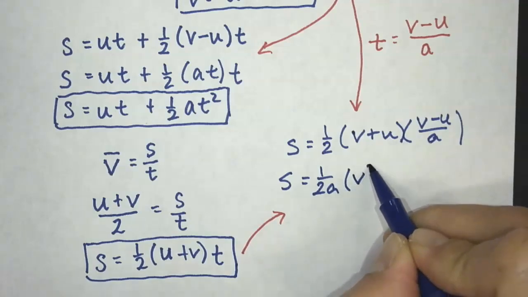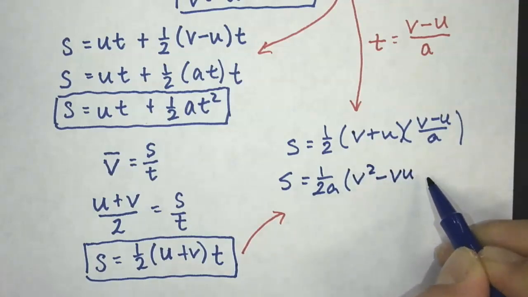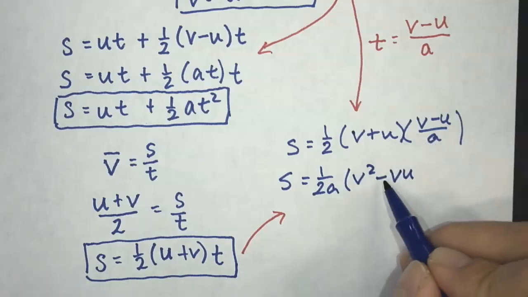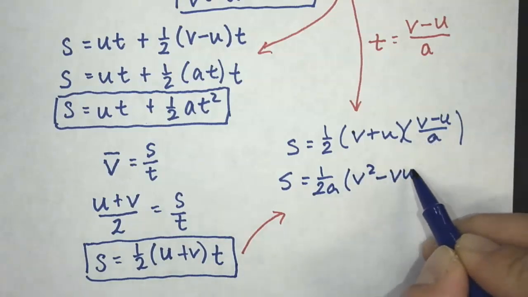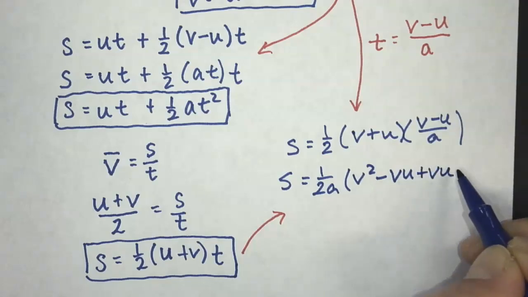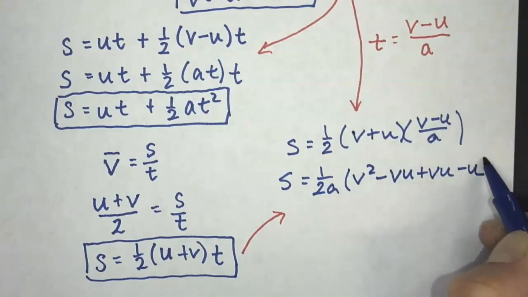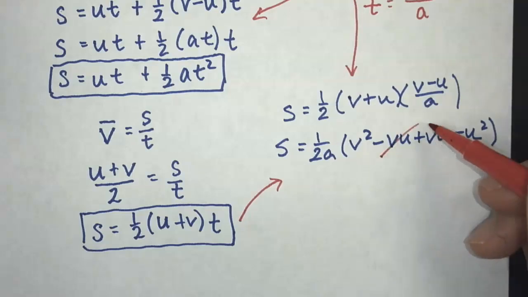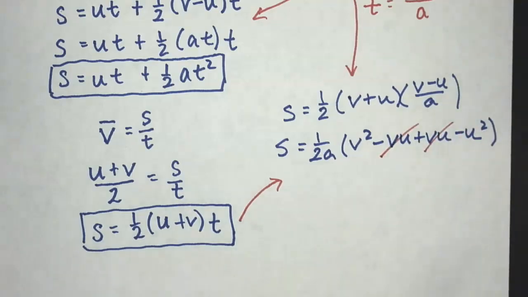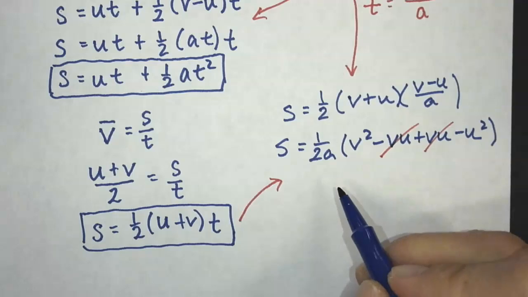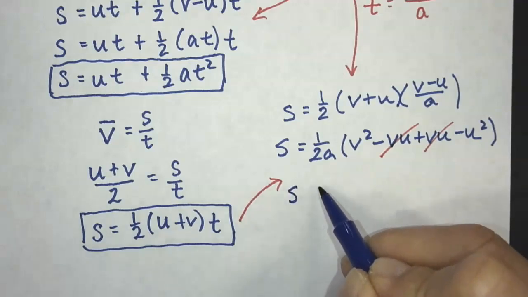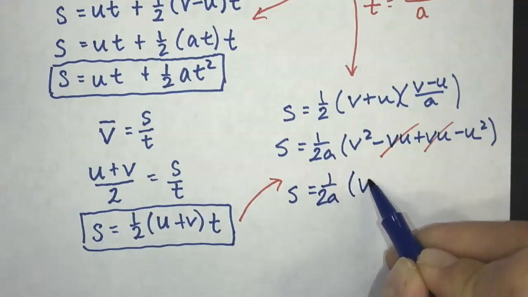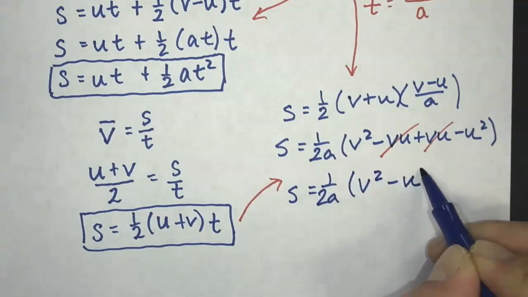So we're going to get V squared minus VU, plus VU, actually minus VU, and then plus VU, and then it's going to be minus U squared. Okay, so it's kind of messy, but what we noticed here is that the VUs cancel out. So the VUs cancel out, and then we're going to get the displacement is equal to 1 over 2A, and then we have V squared minus U squared.